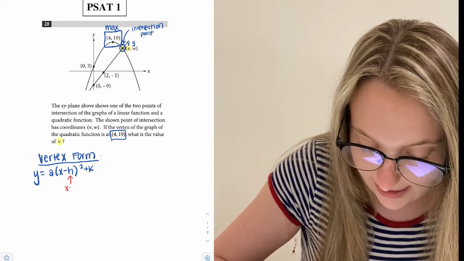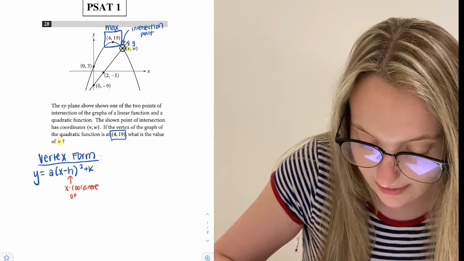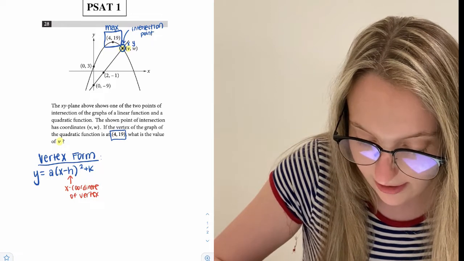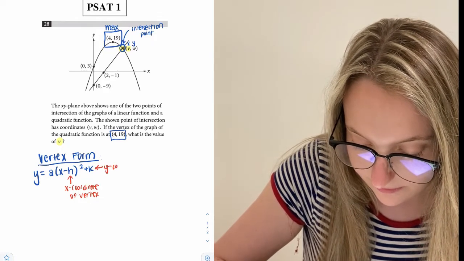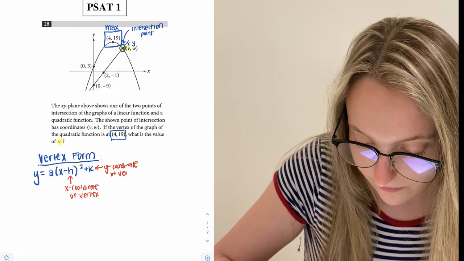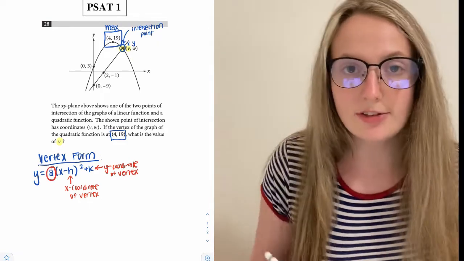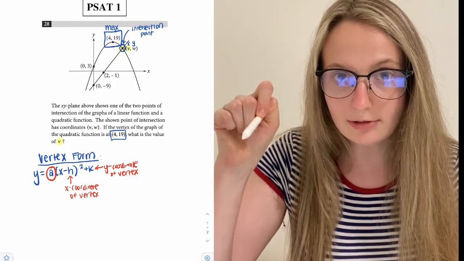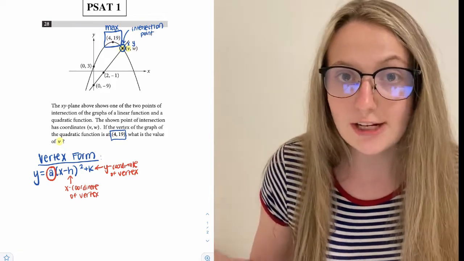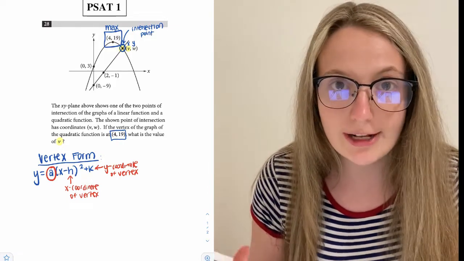So h is the x coordinate of the vertex, and then k is the y coordinate of the vertex. And this guy right here, a, tells us if the graph is going to be upturned or downturned, and it's also going to give us some information about how wide the graph is going to be. That's not of too much importance right now.